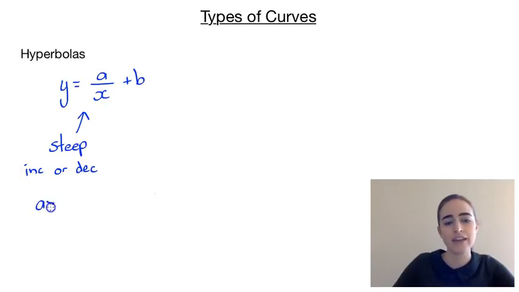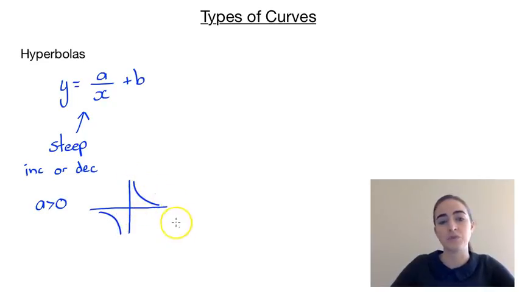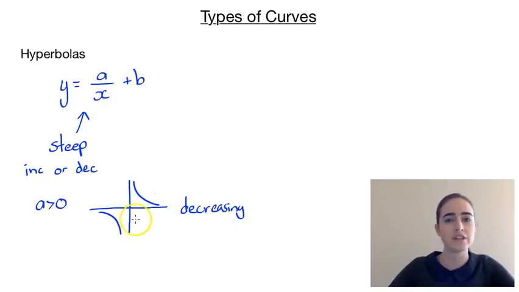In this one, if a is greater than 0, then our hyperbola is going to be in these two quadrants here. And as we move to the right, it's getting smaller. So that's actually decreasing. It's a little bit different to the ones we've looked at earlier. If a was positive, it was increasing before.